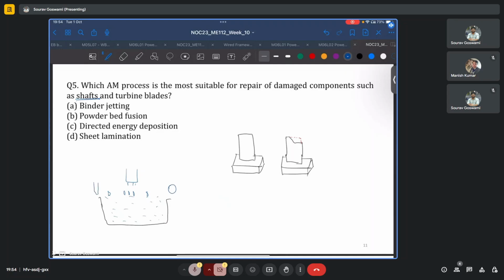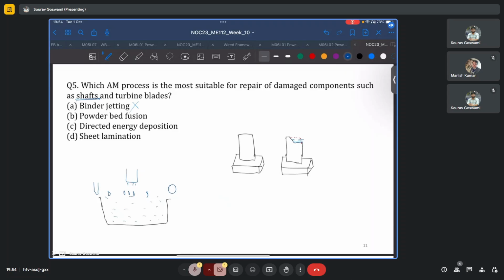So say initially I would want to have powder till here, then I'll have to spread powder till here and so on. And in this case, there's a very high chance that the roller or the doctor blade will in fact collide with the part, and I will not be able to repair or build this part again. So binder jetting is out.